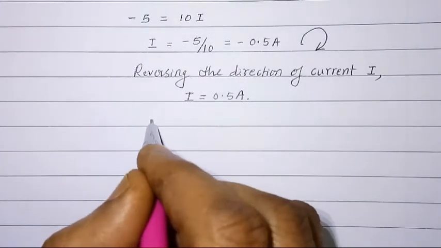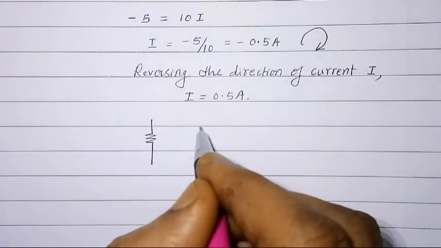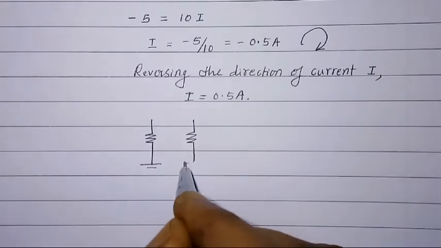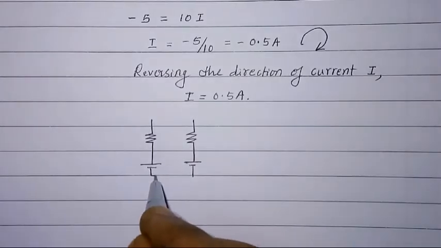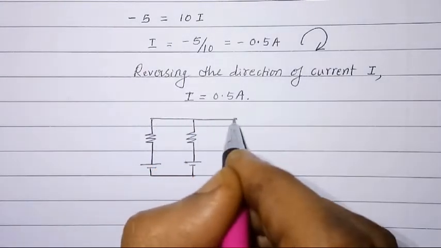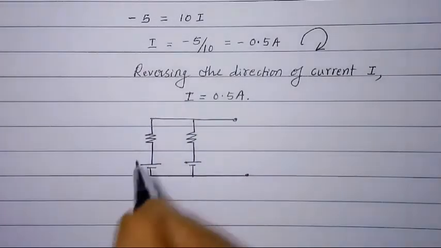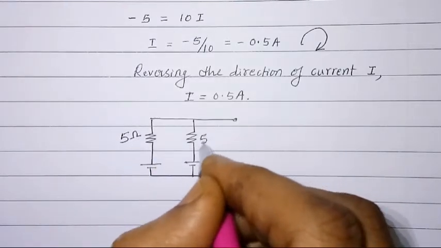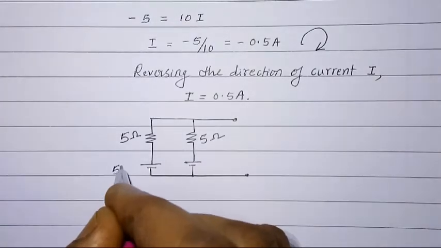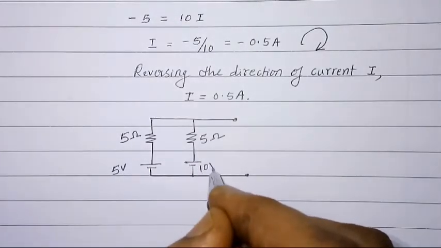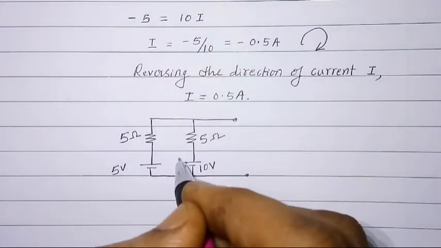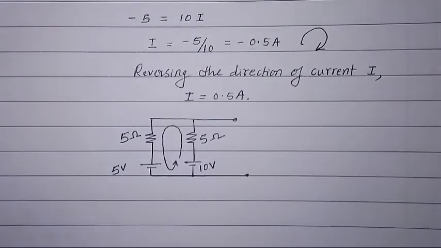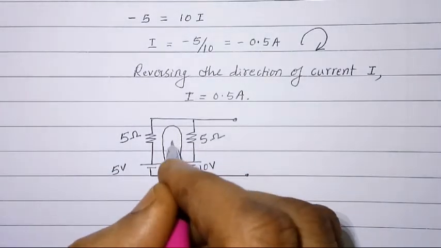Now we will redraw the circuit, and we will show current I direction reversed. Now it is anti-clockwise.